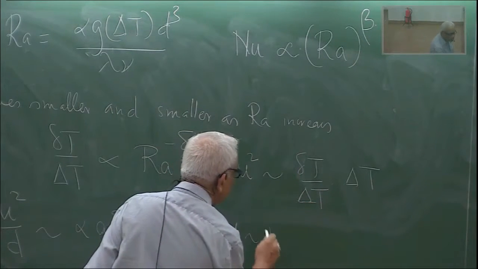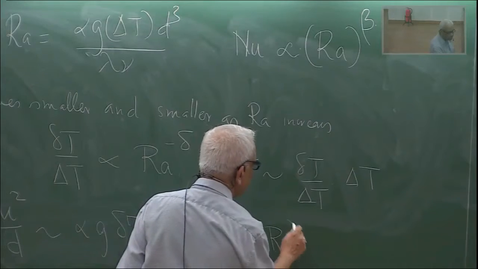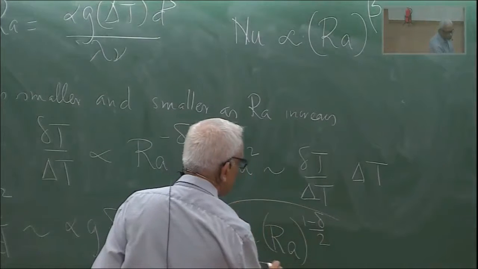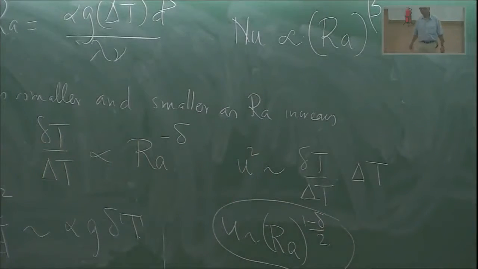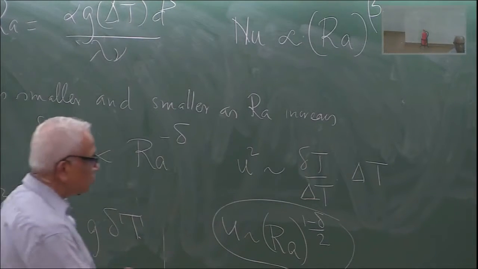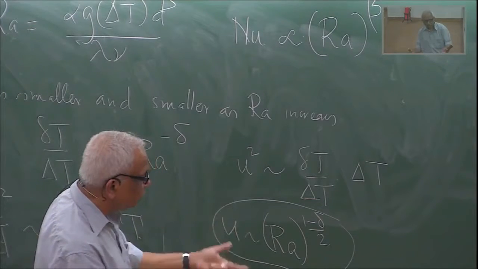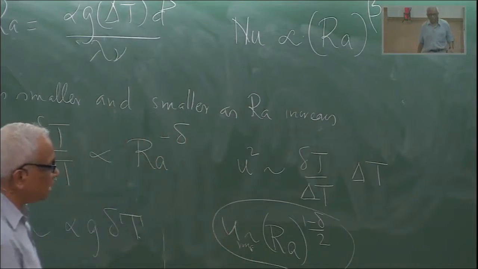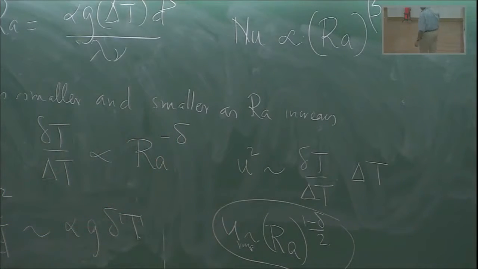So u behaves as Ra to the power (1 minus delta) by 2. So I've got an estimate of the mean square velocity, the same order for u, v, and w. So it is sort of an RMS velocity estimate: Rayleigh number to the power (1 minus delta) over 2. Pardon?